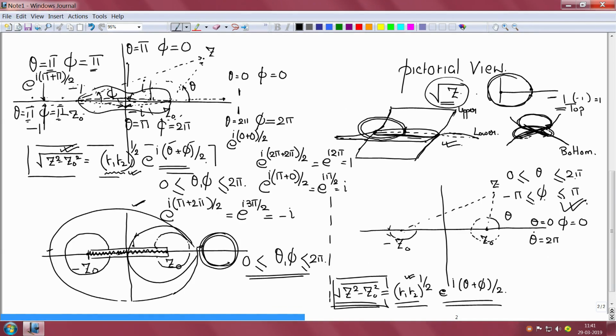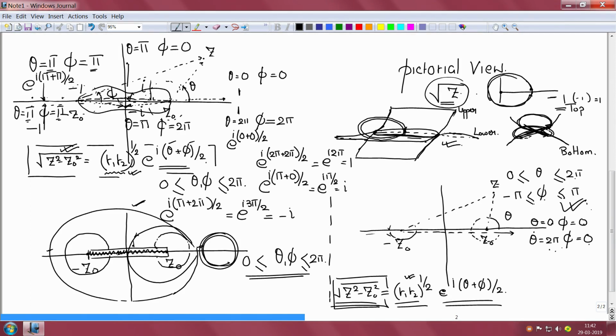If I take a phasor from here just below the x axis, this angle is 0. I begin from minus pi, come around, and phi is 0 here, so phi is still 0. Therefore, you see the difference now. I get e to the power of (0 plus 0)/2, which is 1. I get e to the power of i(2 pi plus 0)/2, which is e to the power i pi, so minus 1.